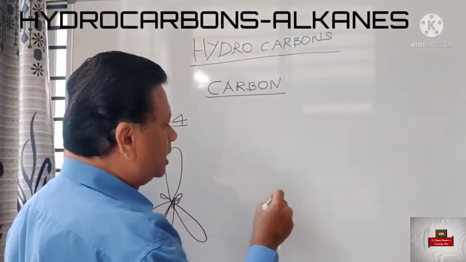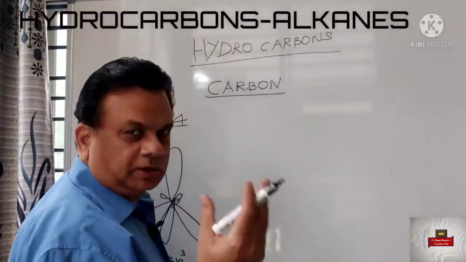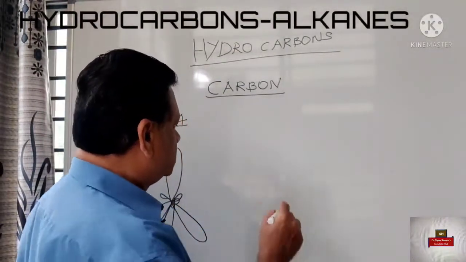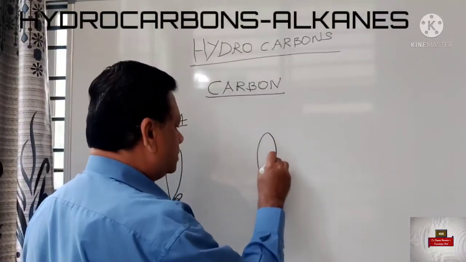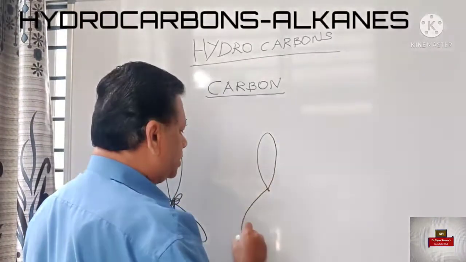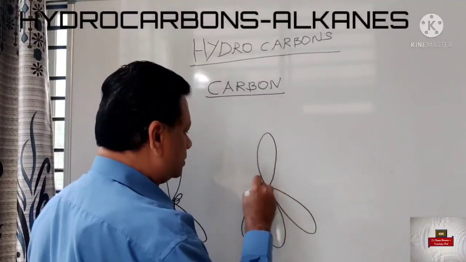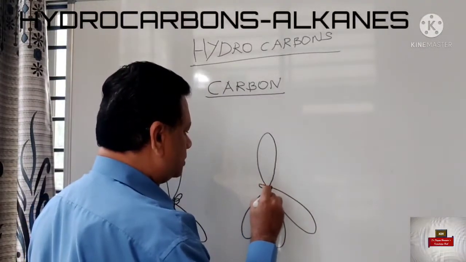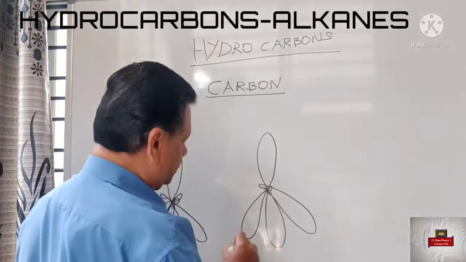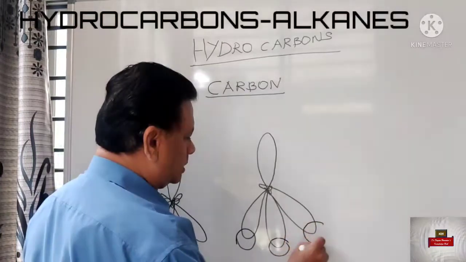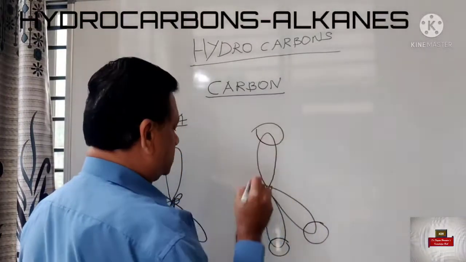Now with this, hydrogen will come with its 1s orbital. It will form a compound. Like, S will come here, another S here, another S here, another S here.